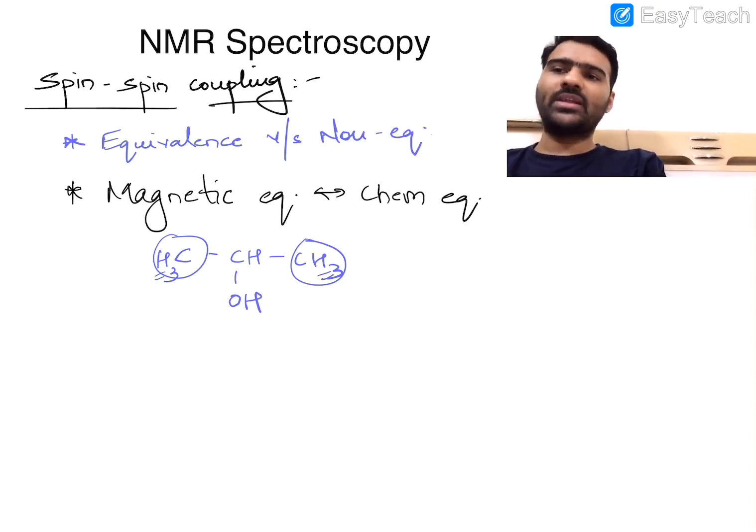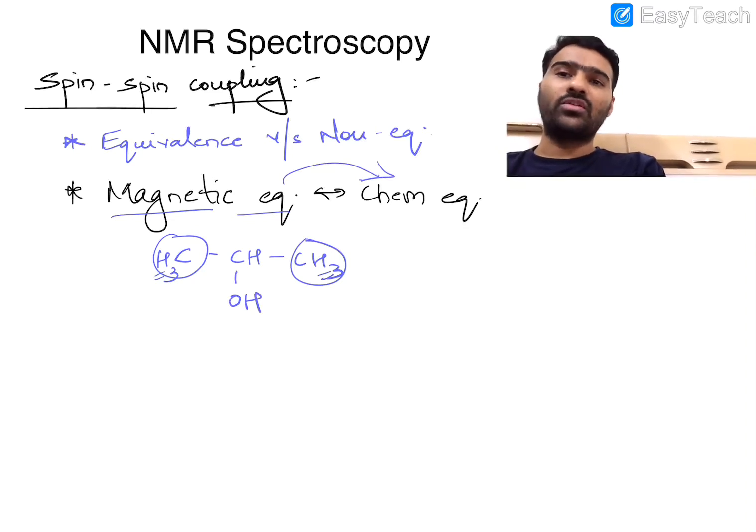So once again, what I'm trying to reiterate here is that all magnetically equivalent nuclei are also chemically equivalent, but the vice versa is not always true. So all chemically equivalent nuclei may or may not be magnetically equivalent.